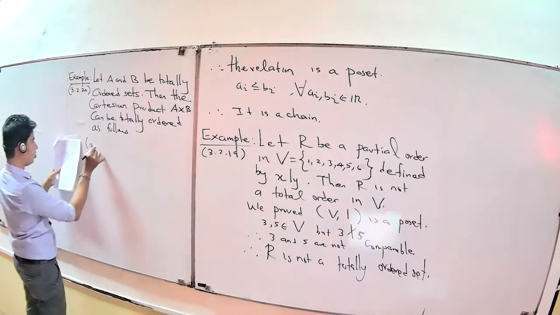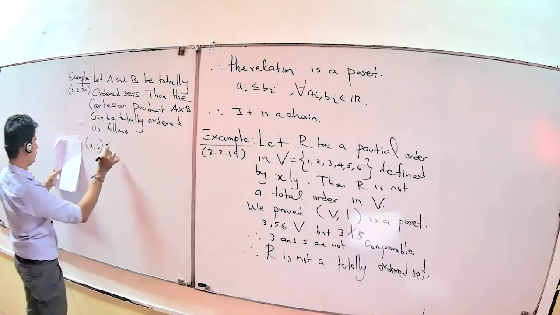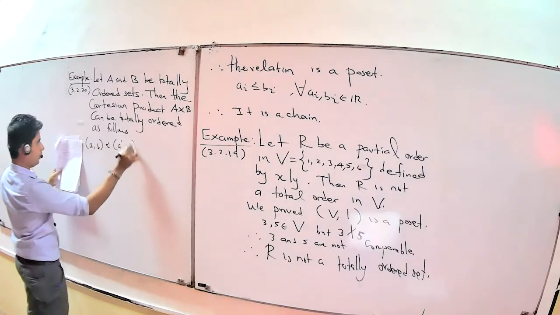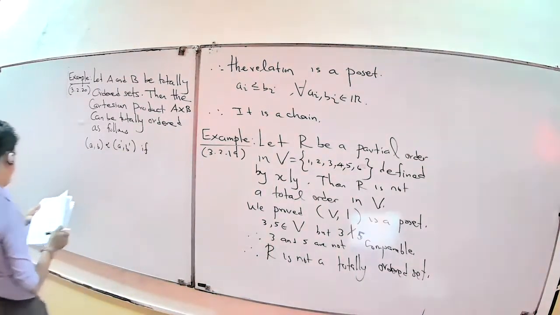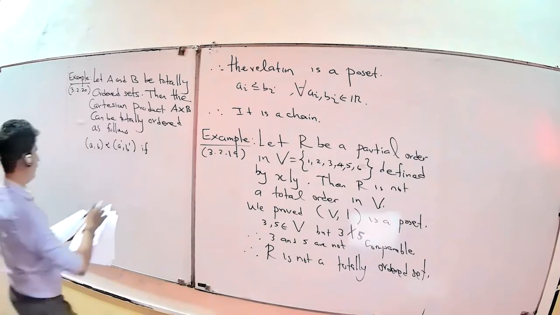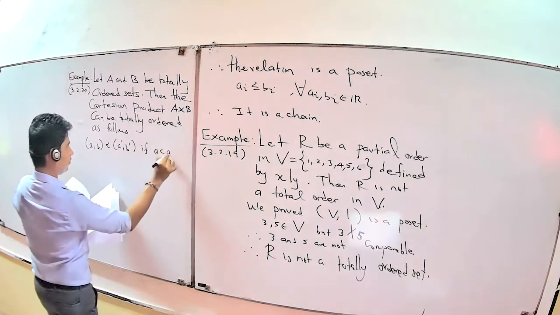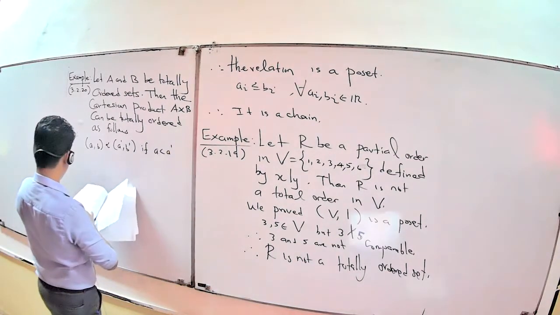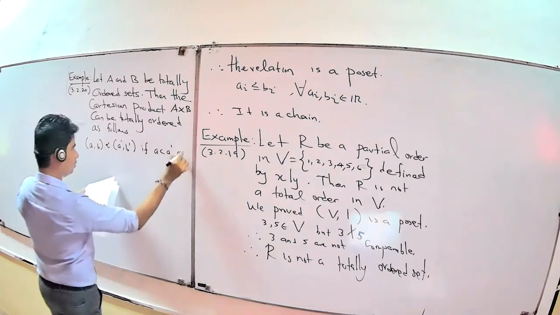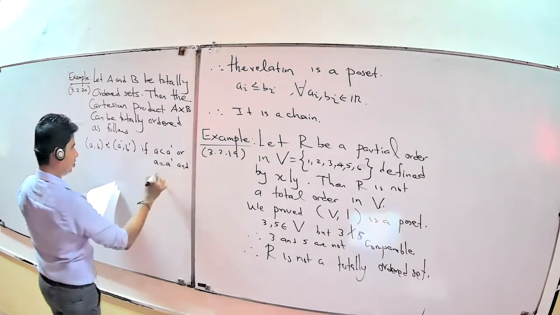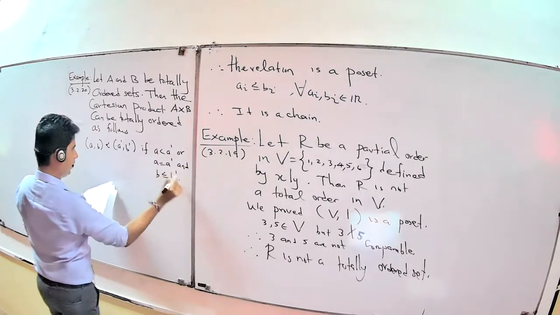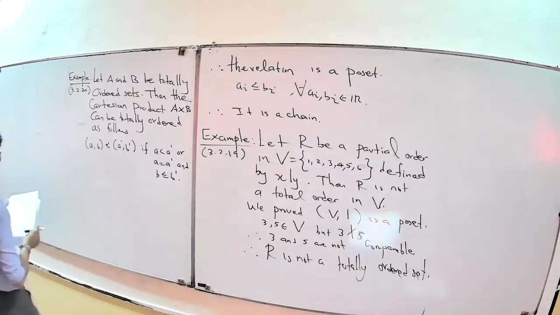You take (a, b), which precedes (a dash, b dash), if this condition is satisfied: a less than a dash, or a equal to a dash and b less than or equal to b dash.